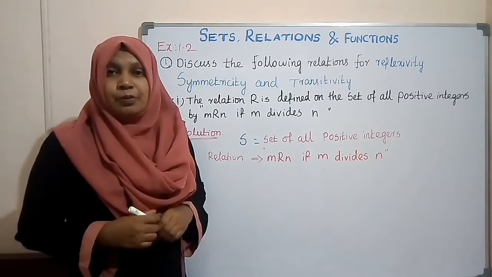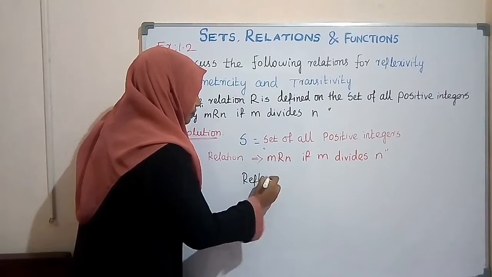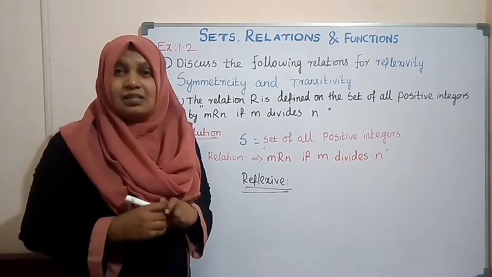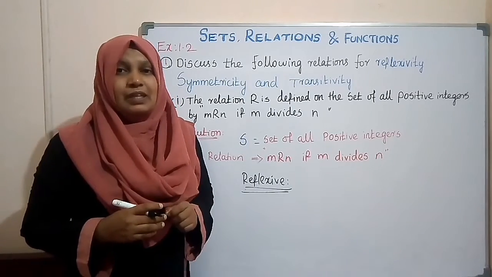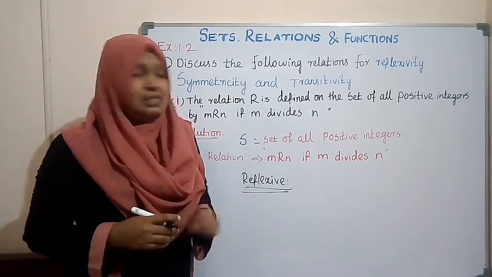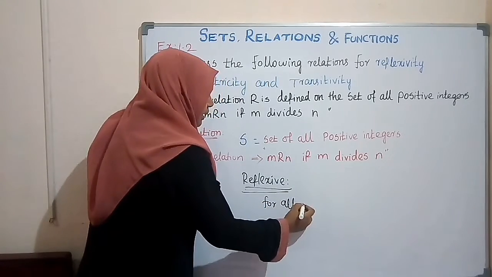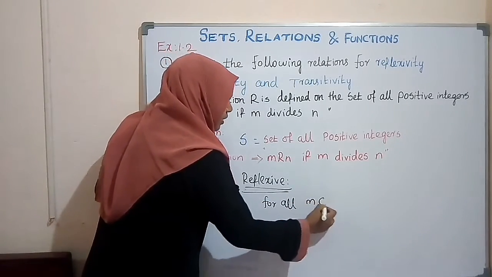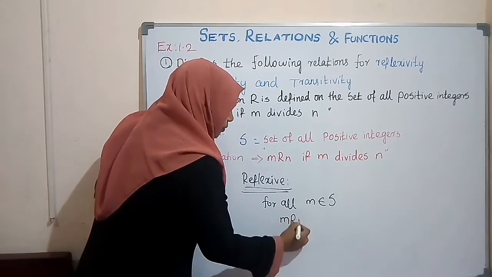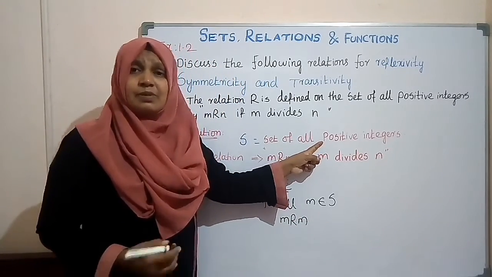Using this, first we have to prove the reflexive property. So I am writing reflexive. When the relation R is reflexive, the element should be related to itself. So it should be true for all the elements in the set S. So I am writing: for all elements, we can take one element as m, for all m belongs to S, m related to m. See, every positive integer is divisible by itself.